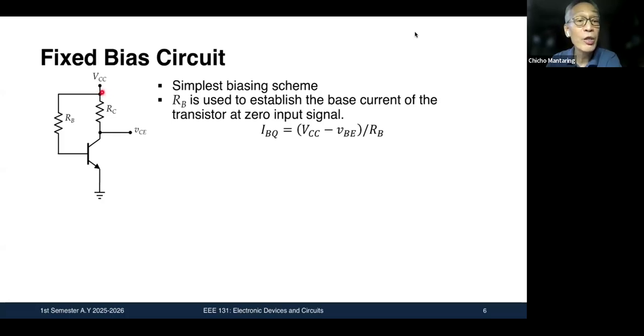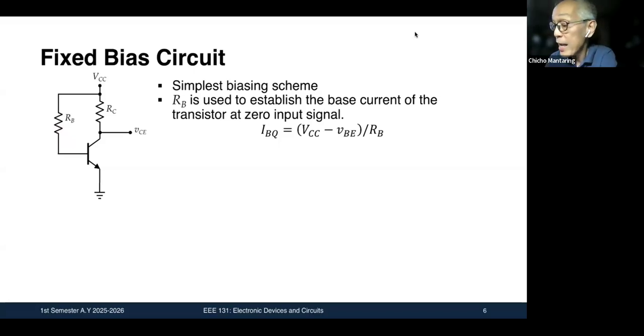From your supply voltage, we have a base resistance connected to your base. And this is used to establish the base current of the transistor at zero input signal. Where's our input? I'm not showing you the input signal yet. But this is what is used to establish the base current of the transistor at zero input signal.